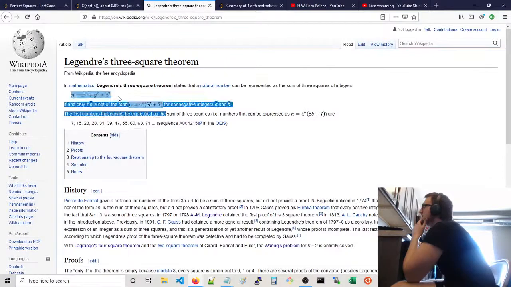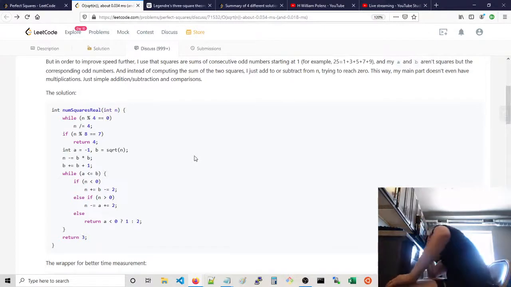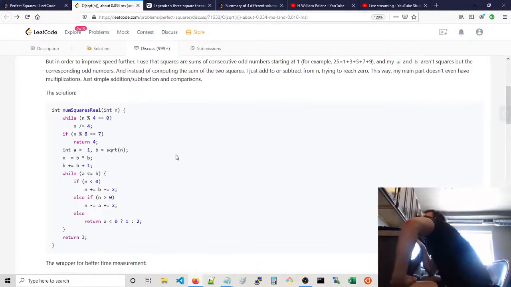If n is of this form, then it can't be 3. Does that mean it has to be 4? I don't know. Also, by the way, that means that you managed to divide all the 4s out by the time you get down here. So you're left with a kind of a weird thing going on.